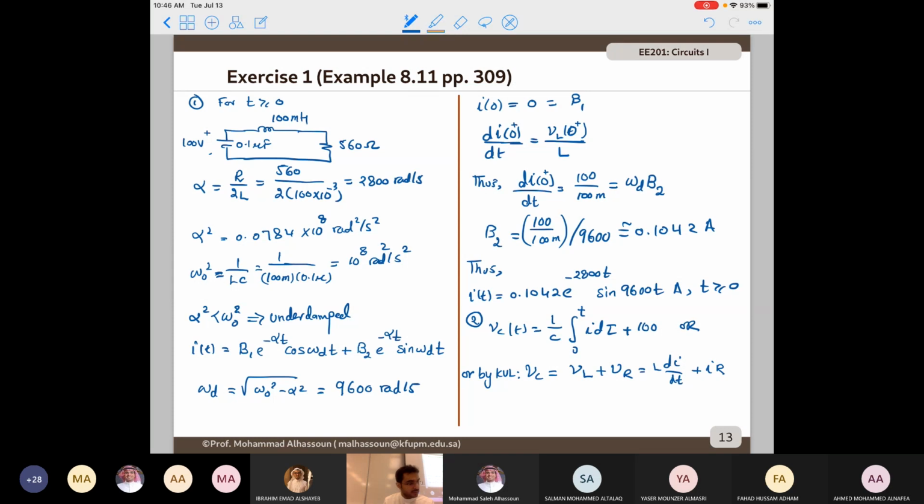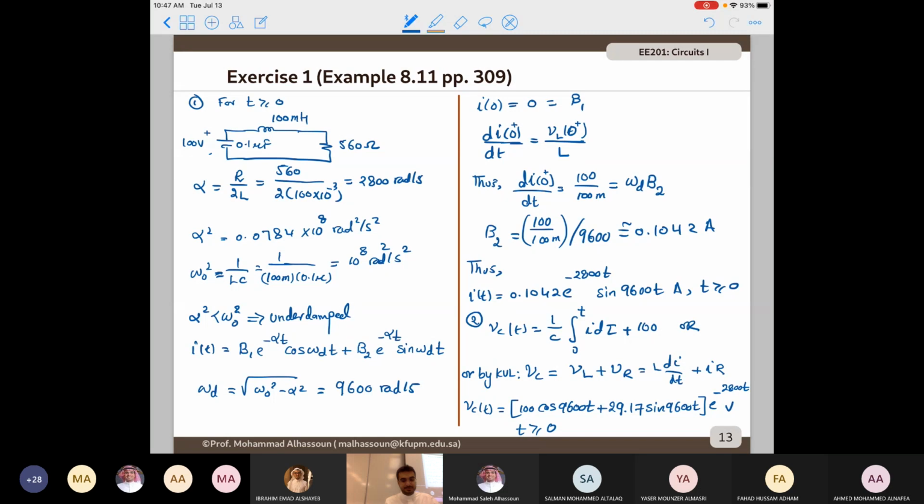Anyhow, if you use either of these methods, you will end up with VC of t equals 100 cosine 9600 t plus 2917 sine 9600 t, multiplied by e to the power negative 2800 t. The unit is volt, and this is true for t greater than or equal to 0.